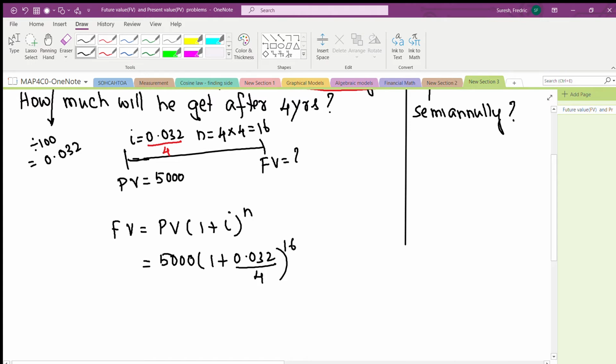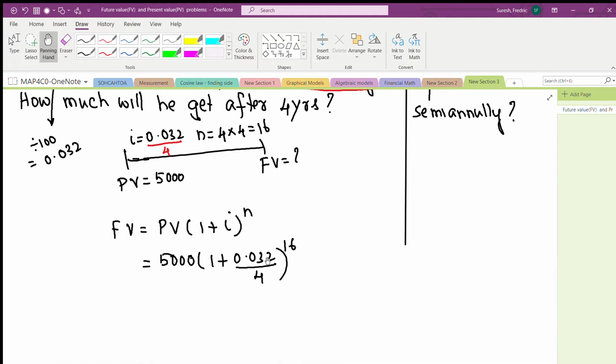Note here that I'm not dividing the interest separately in this place and then substituting, because if you choose to do that, then you will have to use all the decimals that you see in your calculator. But if you do it directly here and let your calculator do the job, you're saving yourself a little bit of an extra step.